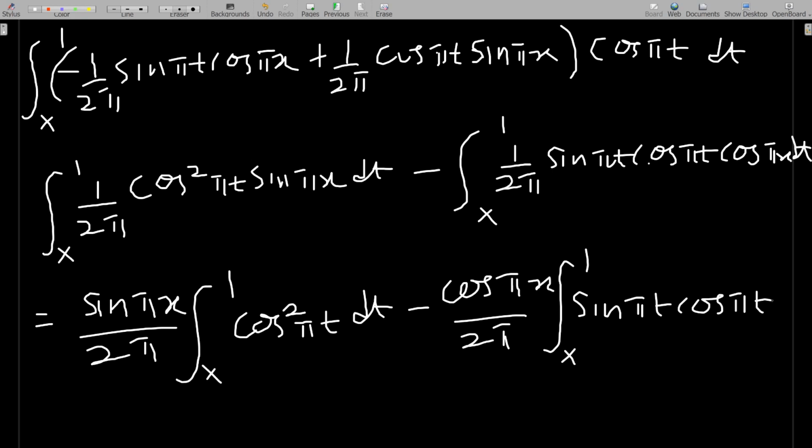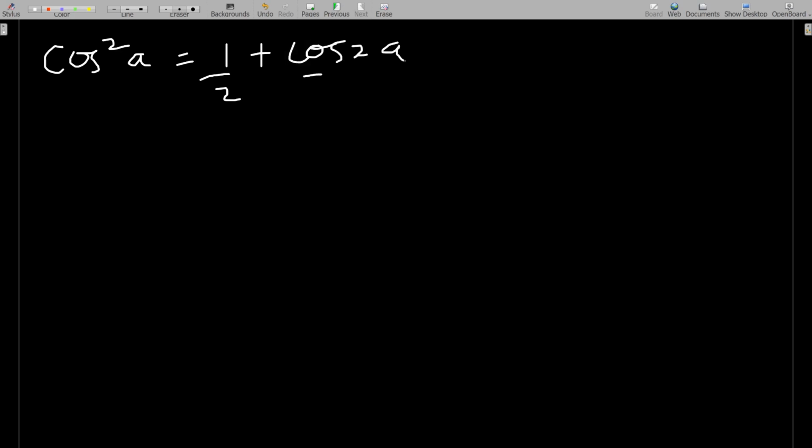So what we are coming to do is just these simple integrations. Cos squared a is equal to 1 over 2 plus cos 2a over 2, an identity.